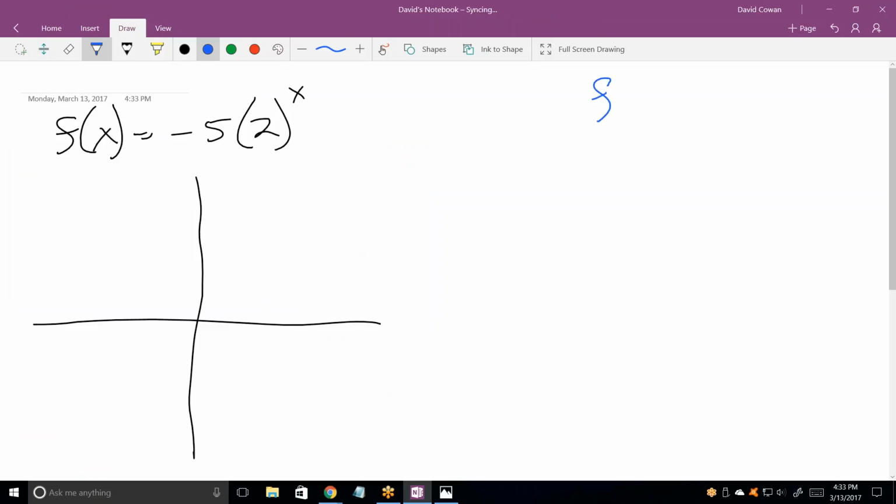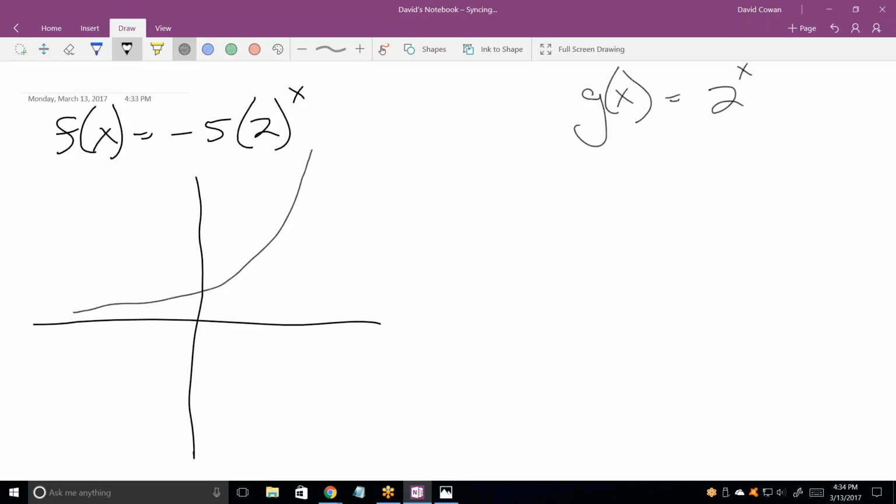No, the parent function would be, and let's not call it f of x because it's not the same as this, so let's call it g of x, and that would be 2 to the x. If I graph 2 to the x, it looks just like every other exponential function. It looks like that, and it goes through this point right here, because 2 to the 0th power is 1.